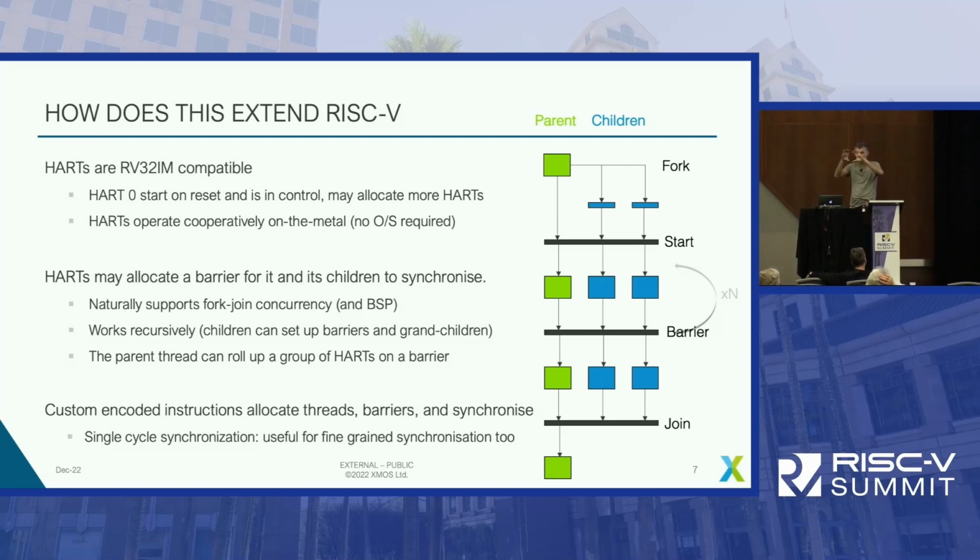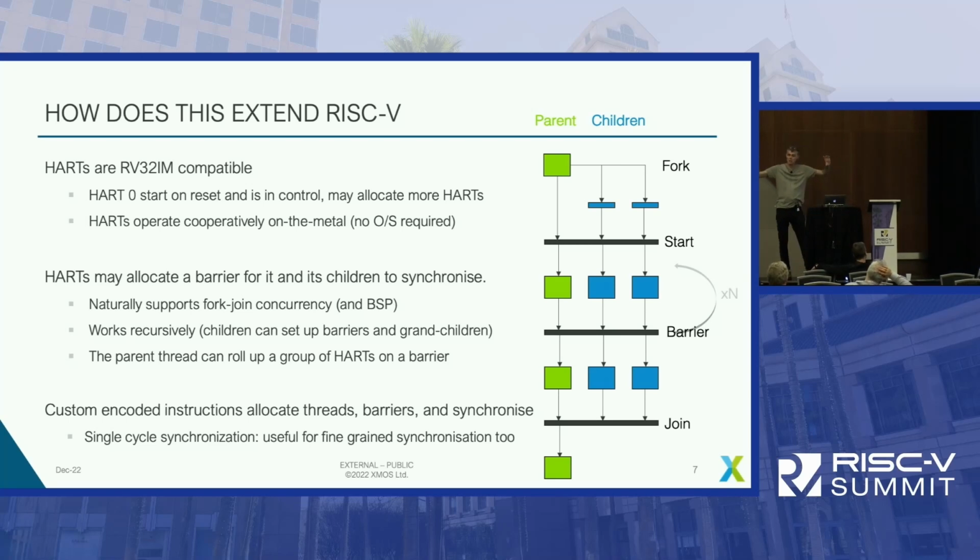So if these parent and child threads are closely taking the same amount of time, you actually lose very little in terms of overhead. There's multiple barriers. So a child thread may decide to create fork and join parallelism inside its own world, if that's useful. So there's various ways in which this can be used.